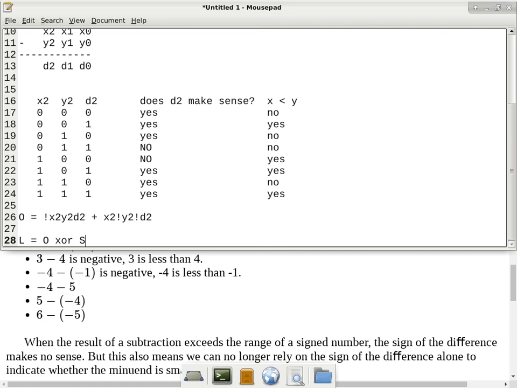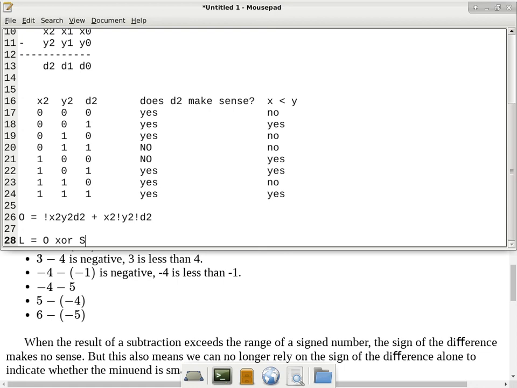Well, the sign flag is not lying, so if the sign flag says not less than, it should be not less than. Okay? What if the overflow is a 1 and the sign flag is a 0? Well, the sign flag is lying, it's saying it is not less than, so it really should have been less than. Okay? What if the overflow is a 1 and the sign flag is also a 1?